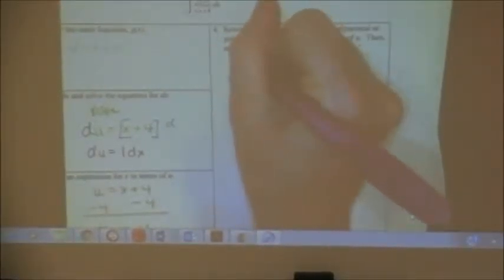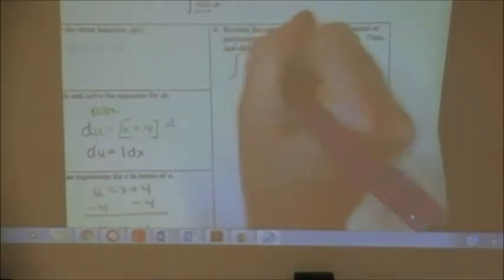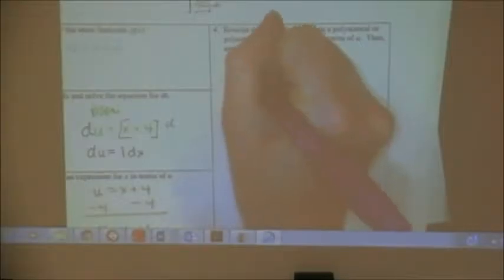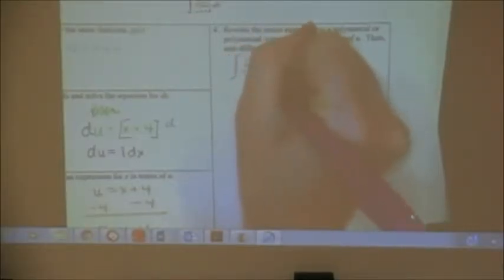Yes. Now we need to rewrite the entire integrand in terms of u. This is the only part of this one that gets a little bit harder.